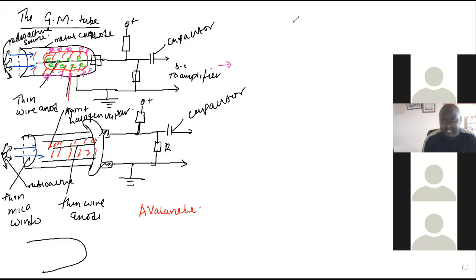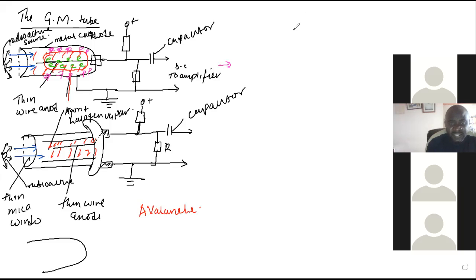Those of us who have a question bank and normally visit it, you must have seen such a question. So you write down the question: explain how a GM tube can be used to determine the half-life of a radioactive sample.